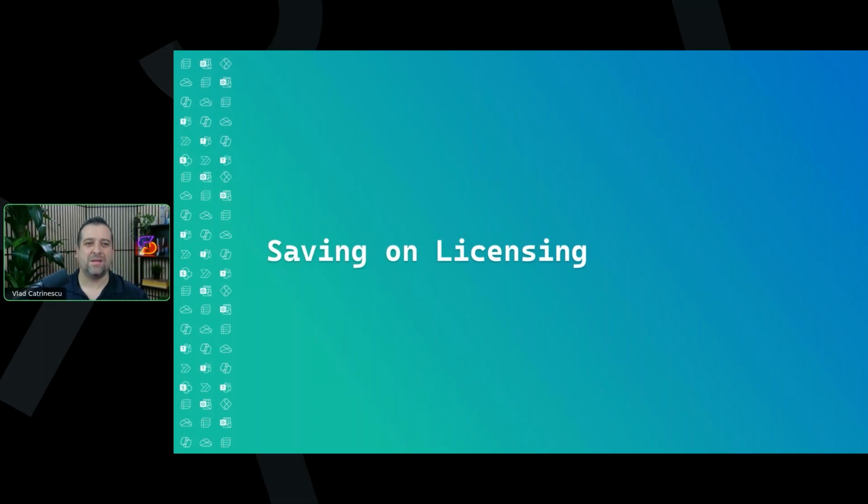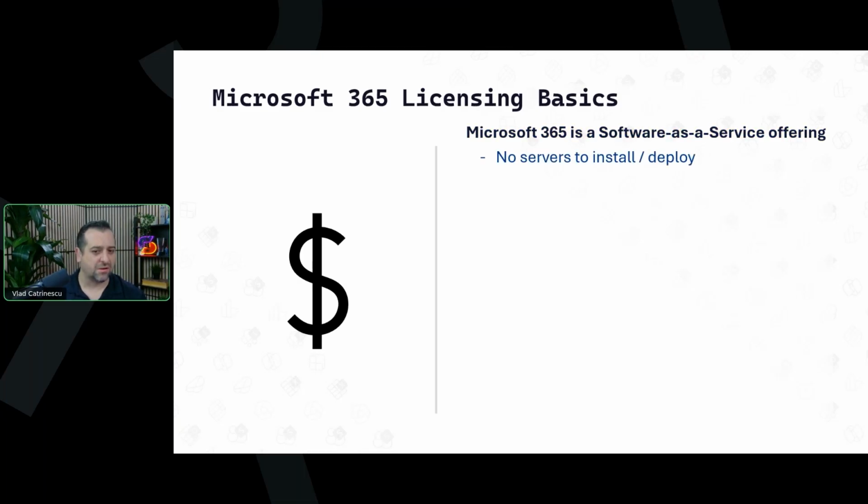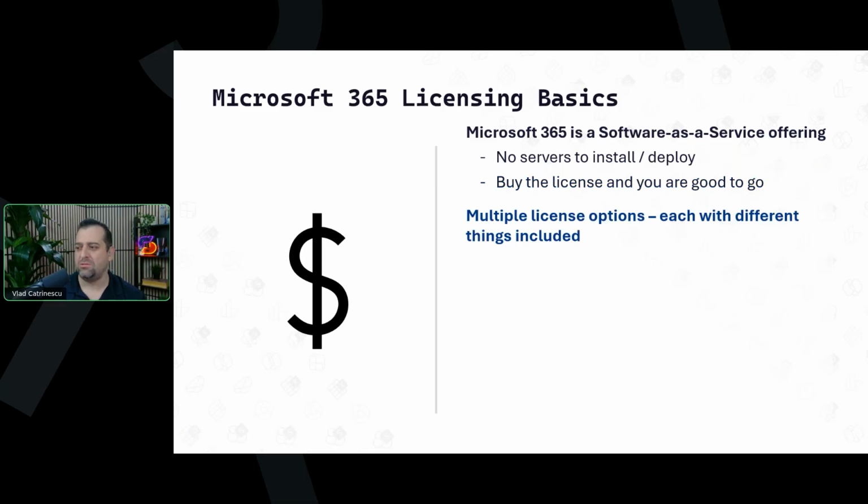But let's start by talking about licensing. I'm sure most of you know how licensing works, but just a quick recap. M365 is a software as a service offering, no servers to install or deploy. You simply buy the license and you are ready to go. What makes M365 amazing, and complicated, especially when it comes to licensing, is that we have multiple license options, each with different things included.